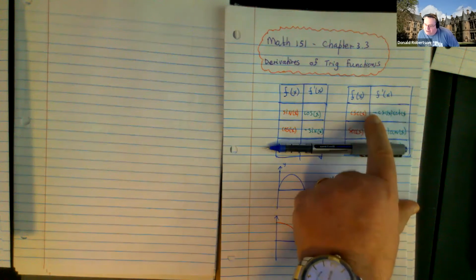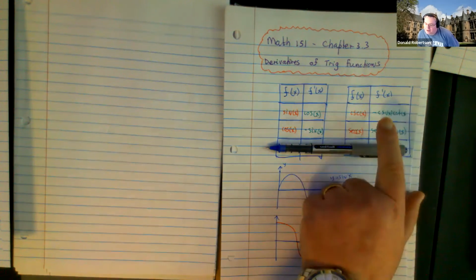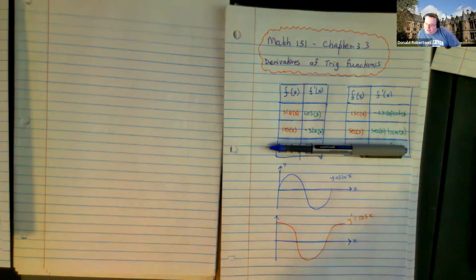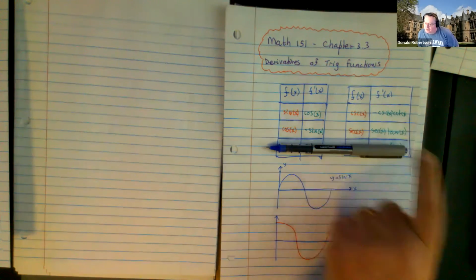So he's negative, she's positive. This one has a cosecant. Well, the opposite of a cosecant is a secant. The opposite of a cotangent is a tangent. You see what I'm saying about oppositeness? So if I can only remember this one, if I remember that oppositeness rule, I can probably figure out what that one is.